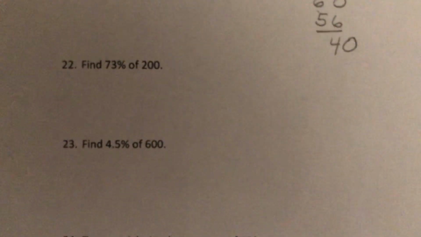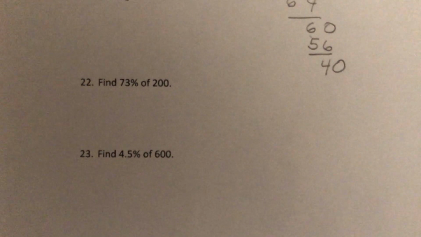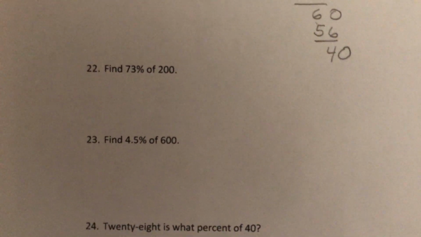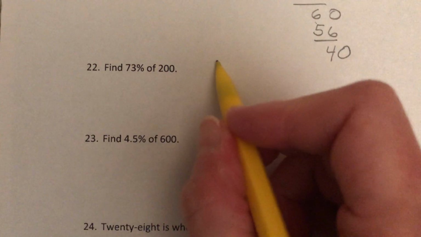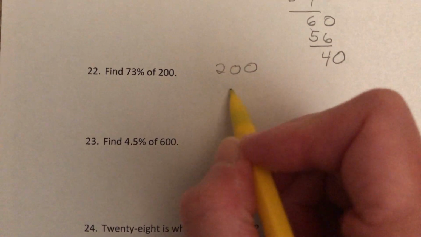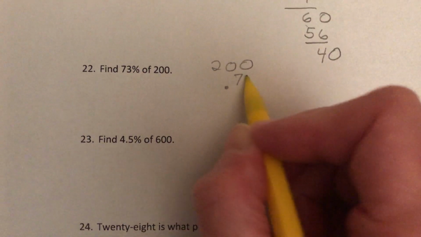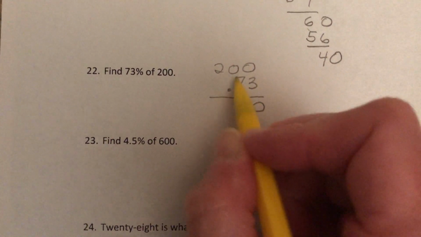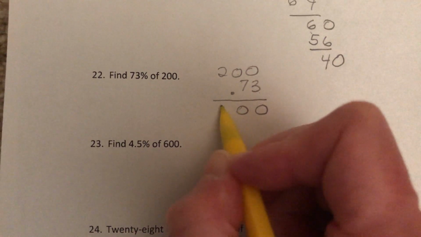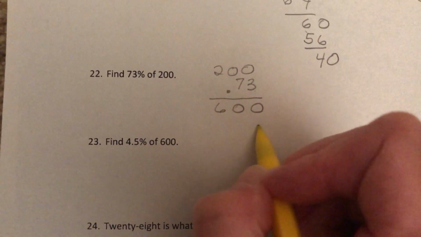The next problem, find 73% of 200. The word of means to multiply. So I'm going to take 200 and multiply by 73%, which is 0.73. So 0 times 3 is 0, 0 again, and then 6, 2 times 3.